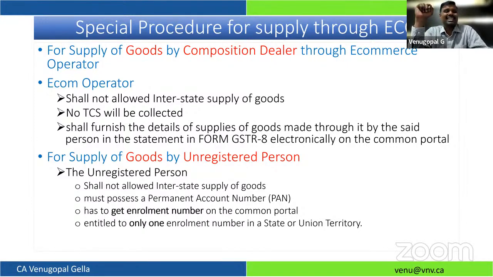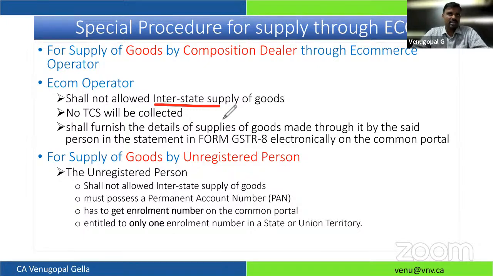Even section 10 has a condition that if you want to be under the composition scheme, you have to ensure that you don't do supply through an e-commerce portal. But they have relaxed it. Intrastate supplies you can do through an e-commerce portal even if you're a composition dealer. What they have clearly said is that the e-commerce operator shall not allow any interstate supply of goods.